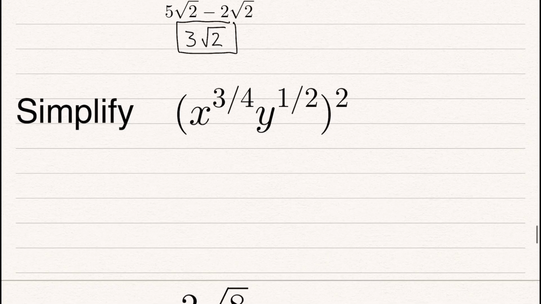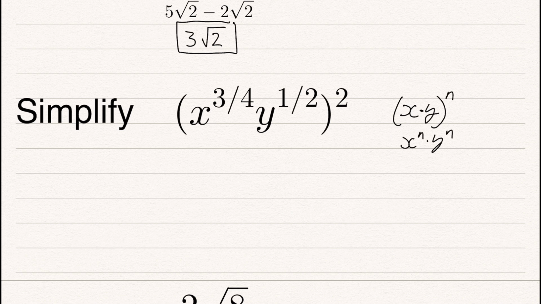We can do the same thing if we're dealing with a rational exponent. Here, it may or may not be practical to change it out of rational form. But what we could do is use some of our rules for exponents. So remember that when you have two values raised to a power, we can raise those to the power separately.